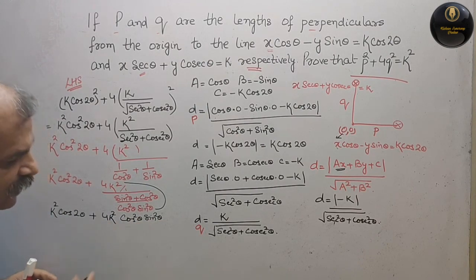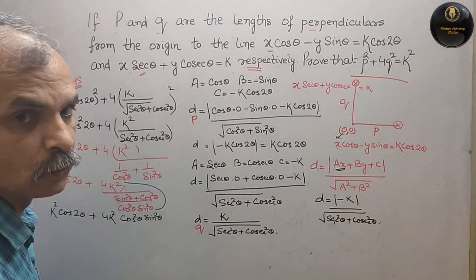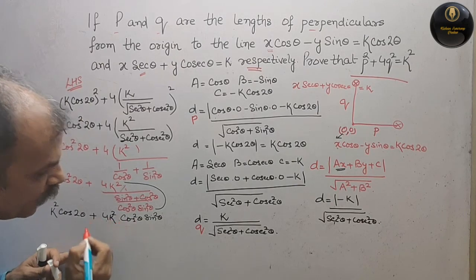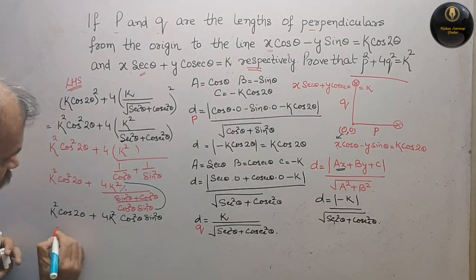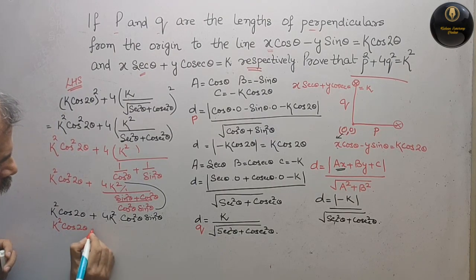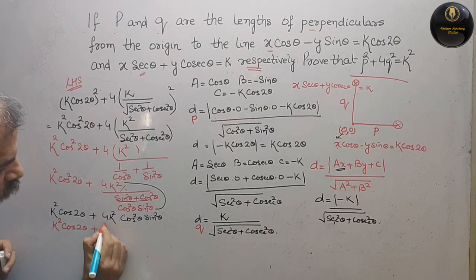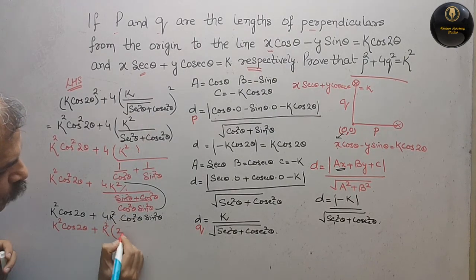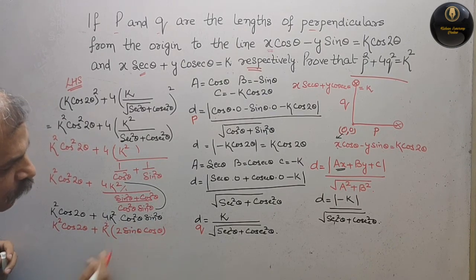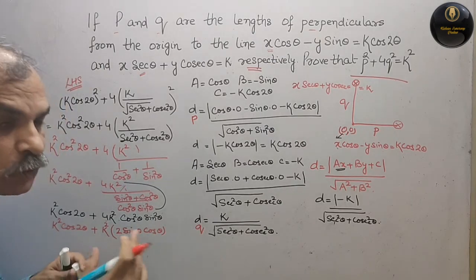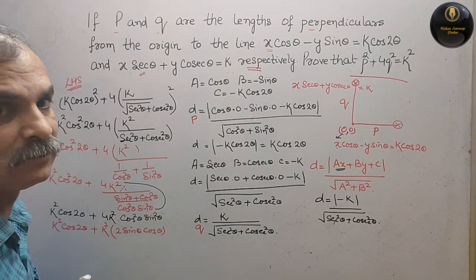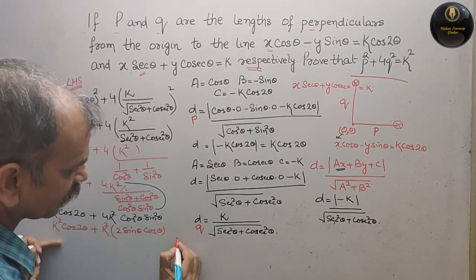Now can we write this in a different form? If you bring this 4 here, we can write it as k square cos square 2 theta plus k square by, here you can write 2 sin theta cos theta whole square. We know the identity: 2 sin theta cos theta is sin 2 theta.